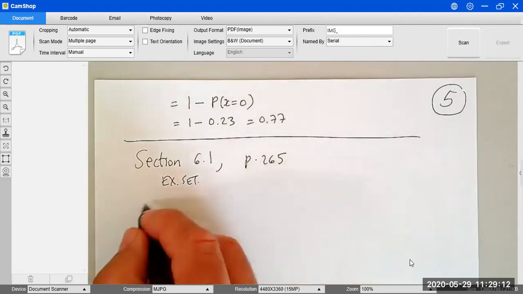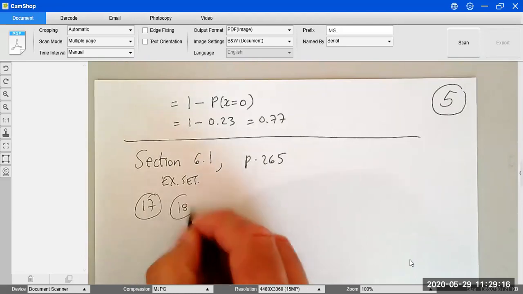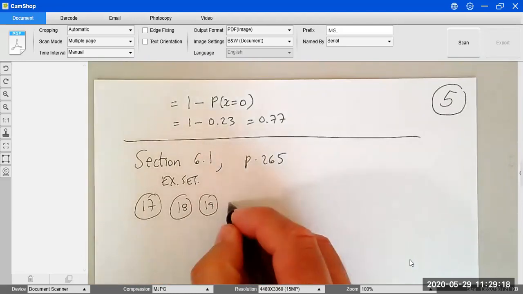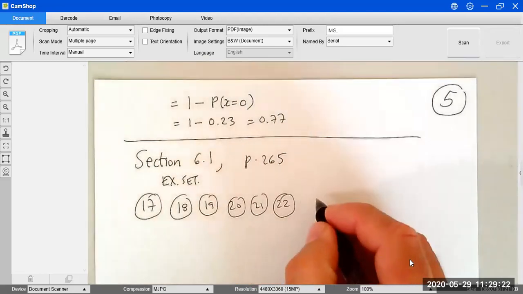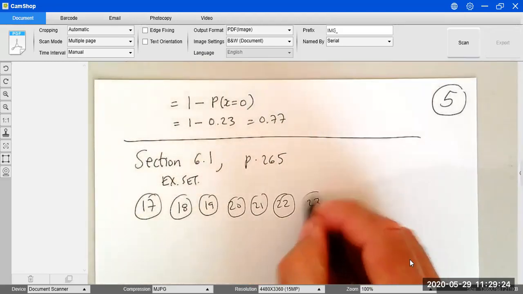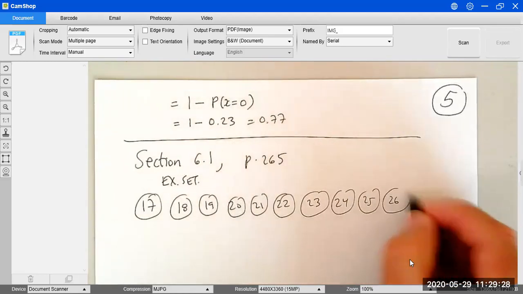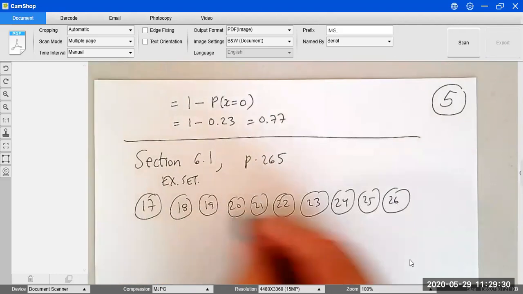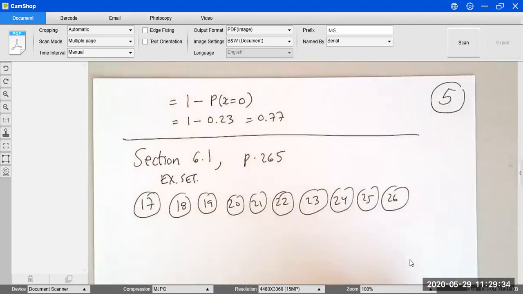So in the first case, you're going to work problems 17, 18, 19, 20, 21, 22, 23, 24, 25, 26. In these cases, you're going to determine whether you have a discrete or a continuous random variable.